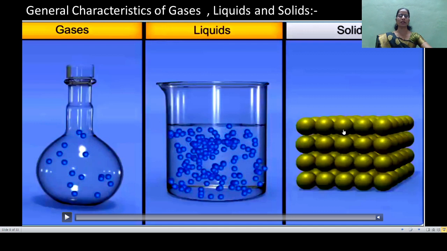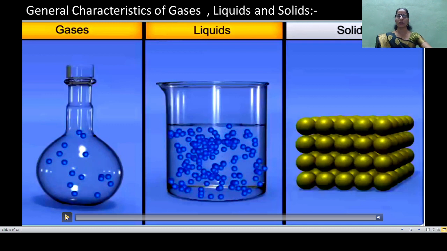Here, the particles are very close to each other. And due to this interparticle distance, in the gaseous state the interparticle forces of attraction are very weak, while in liquids they are moderate, while in solids they are strong.